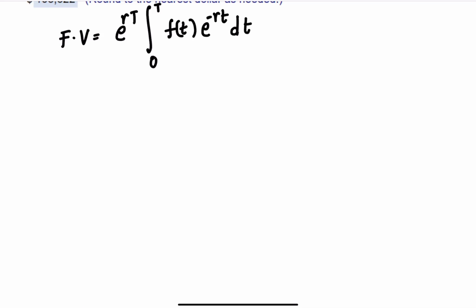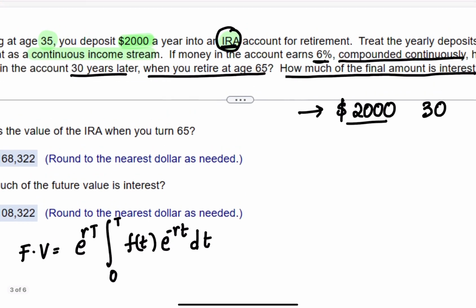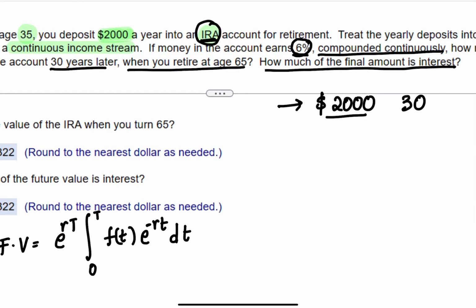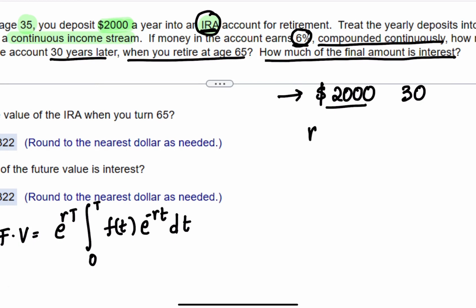We're going to talk about each of these separately. Now e is e, r is the rate which is compounded, 6%. So in this case your r is 0.06. And here the time is 30 years. So your capital T is going to be 30 years.